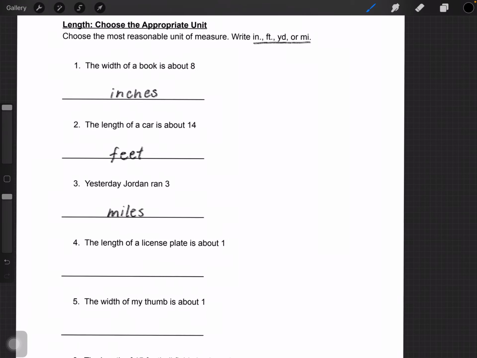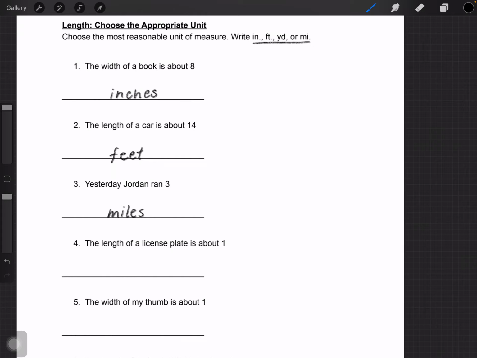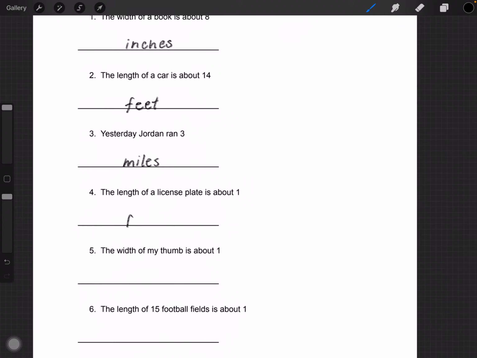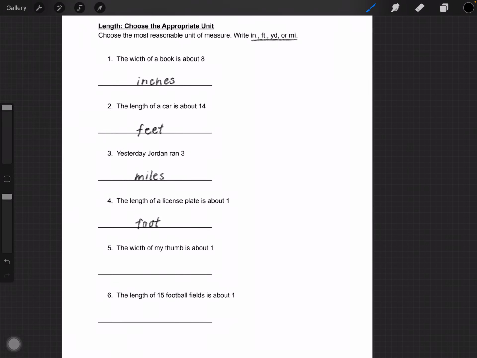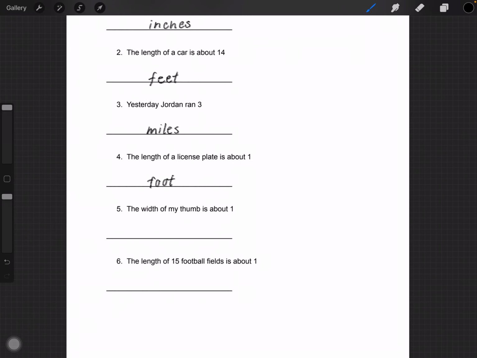Number 4 says the length of a license plate is about one something. Think about a license plate, and I think you will agree when I say feet. Or actually, since it's 1, that means it's 1 foot. Feet is for plural. So the width of my thumb is about 1, like the example earlier.